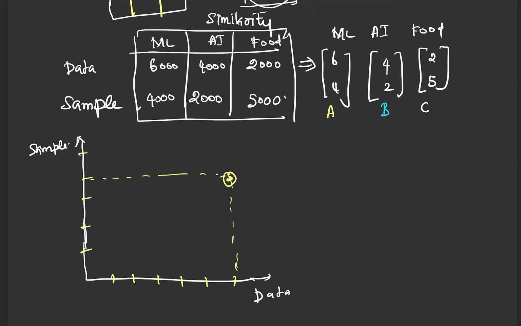Now, we have our vector A. And can we represent AI, vector B? Vector B is 4 comma 2. This will come here, this is 4 and here is 2.